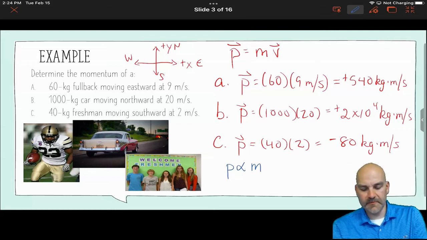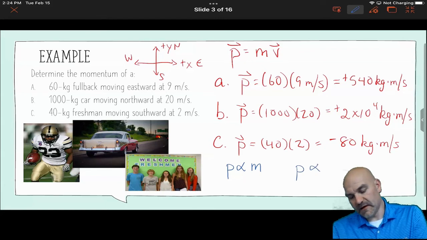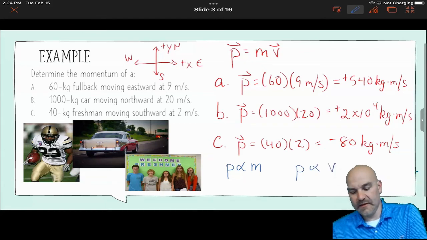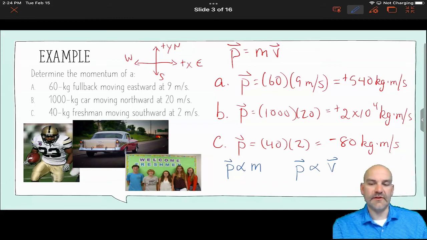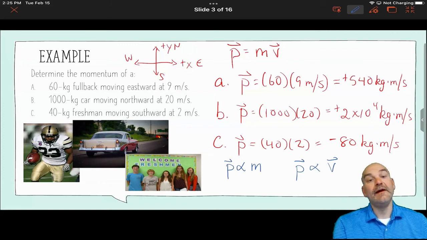P is also directly proportional to velocity: if I increase the velocity, I increase the momentum of the same object. If that fullback now accelerates to 20 meters per second, what's his momentum? We simply do 60 times 20.